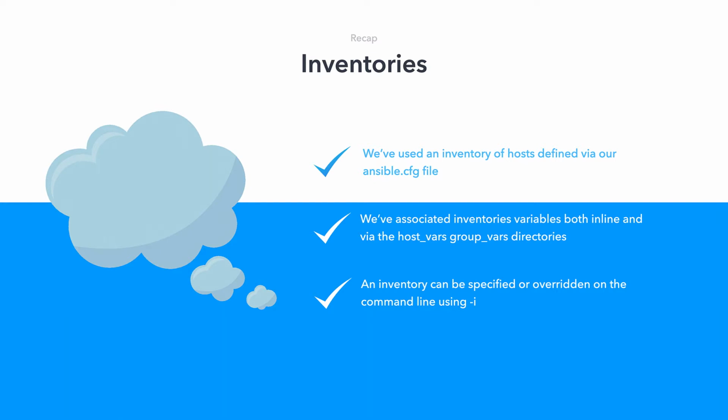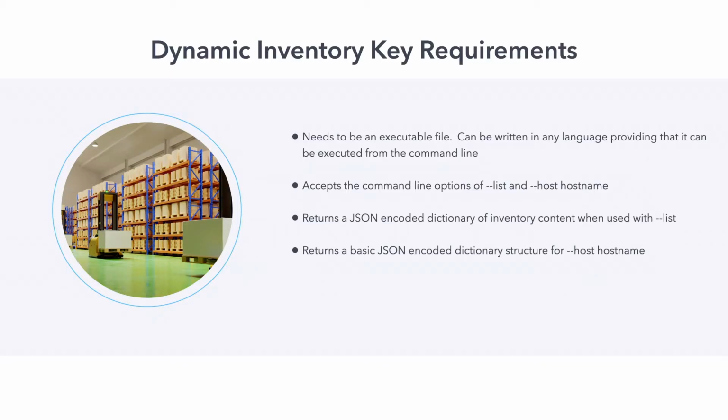Ansible has the ability to use dynamic inventories, i.e. inventories that are executable and provide dynamic output according to the context of the script. The key requirements for a dynamic inventory: it needs to be an executable file, but can be written in any language, providing that it can be executed from the command line.